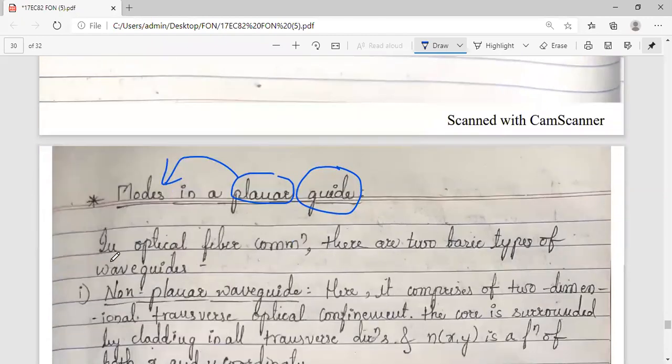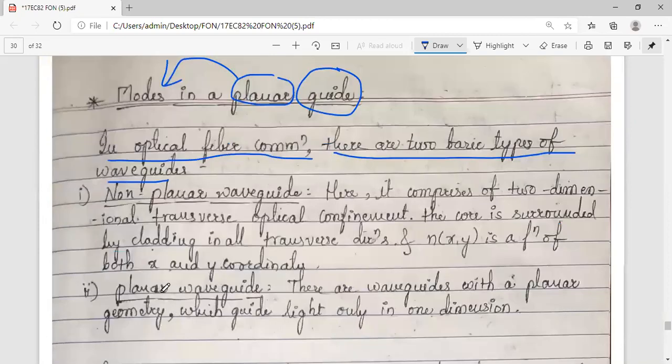I have just written here, you can see in optical fiber communication, there are basically two types of waveguides, non-planar and planar. For our discussion only these are there, but you should know the broader classification.